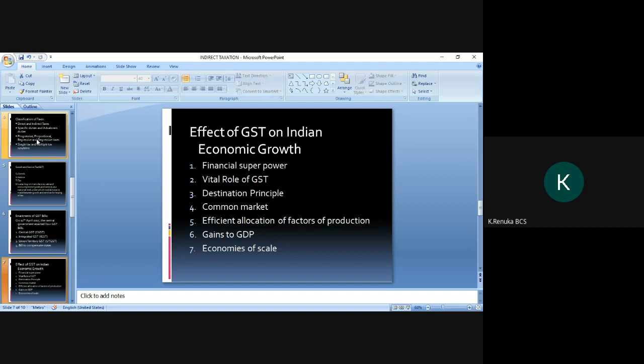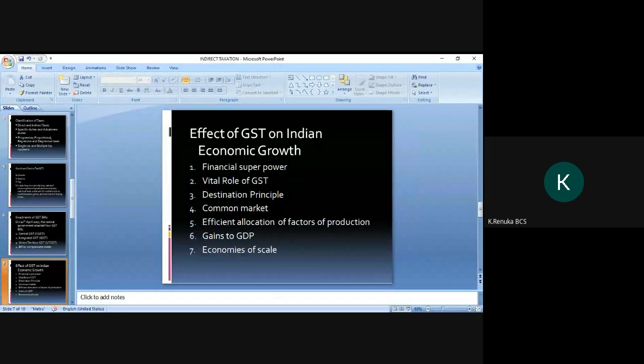So after implementing GST, the GDP percentage has been raised from 0.9 to 1.7. On economies of scale, the manufacturing sectors would benefit from the economies of scale.